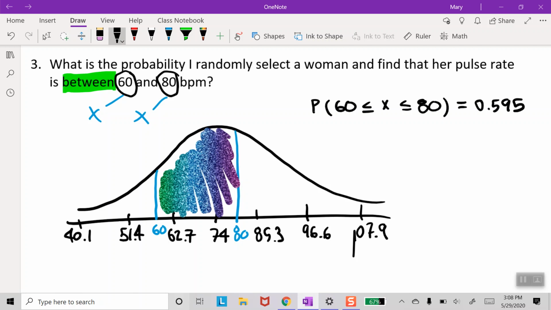That's the likelihood, if you chose a woman at random, that she would have a pulse rate between these two values. So again, 0.595. So you can now see that StatCrunch has just a neat little calculator to give us the area of these shaded regions under the bell curve.